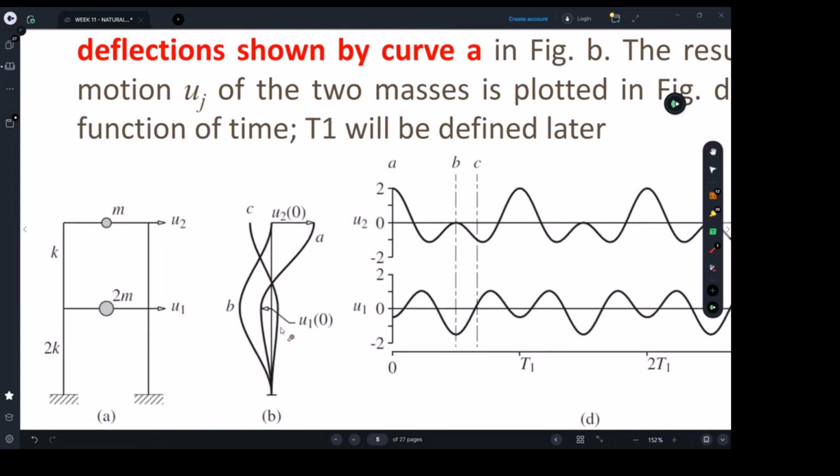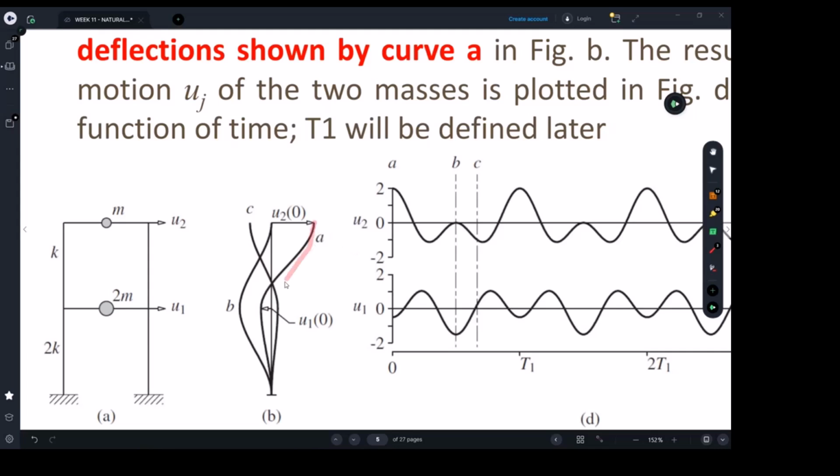Then you decided, let's have a look at this colored shape. So let's say you randomly deformed the building to the shape I'm showing you in red, and then suddenly you released it.